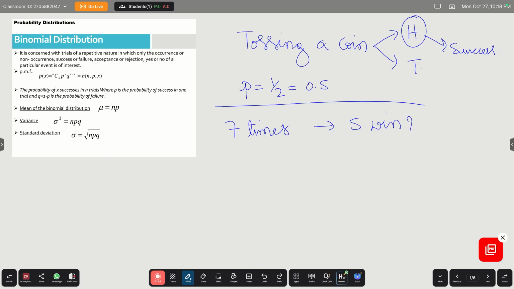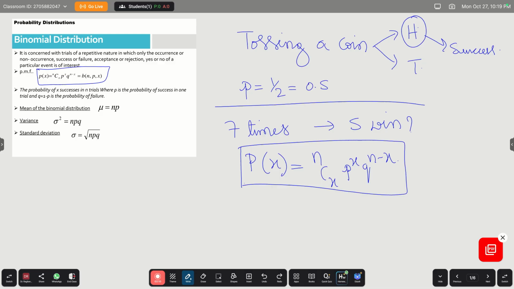here binomial distribution will help us. The probability mass function of binomial distribution is nCx p to the power x and q to the power n minus x.